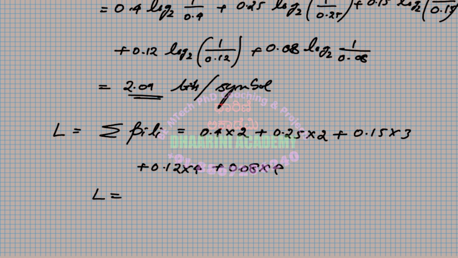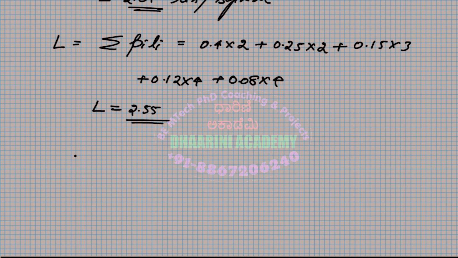So the average length is 2.55. Now directly apply the rule to calculate efficiency.